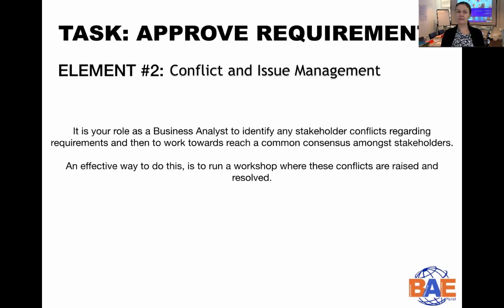It's probably the fastest way to manage your conflicts and issues because everybody's in the room, everybody can make their case, and people can make trade-offs and get consensus. Otherwise, if you have to navigate through individual meetings to get things resolved, it might take a very long time and it will be much harder. So do it with a meeting or a workshop.